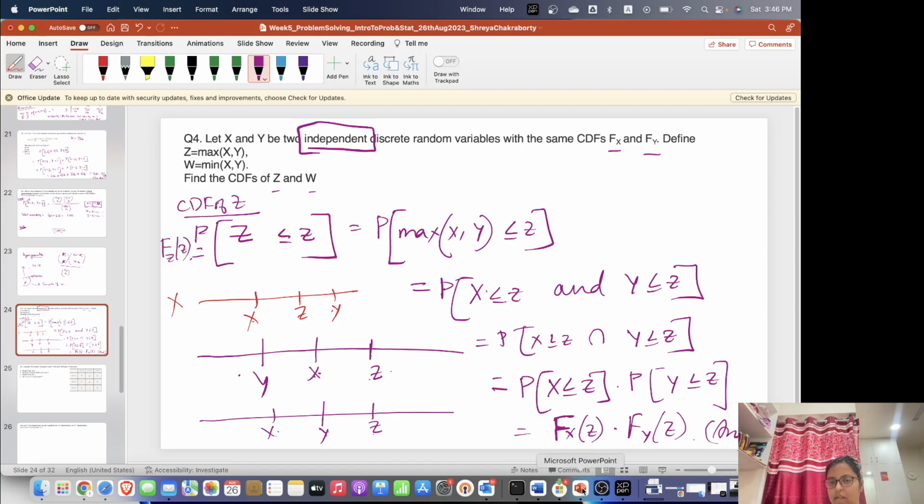So if we have the probability x less than or equal to 5, we would put the value of x at 5 and get the CDF. Okay, like that. Yes.